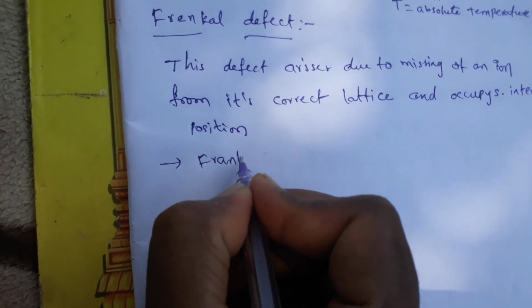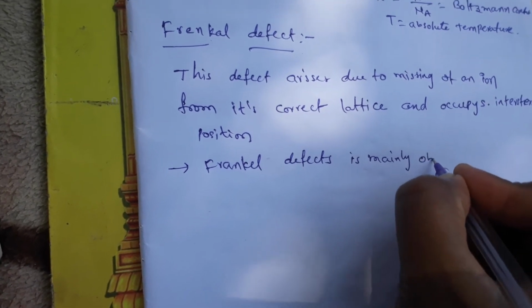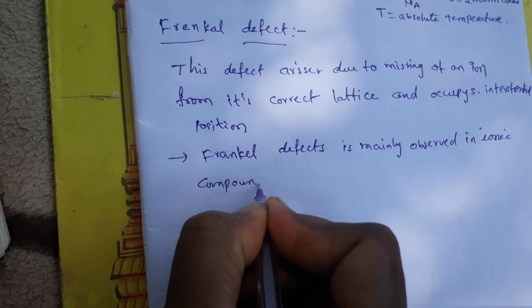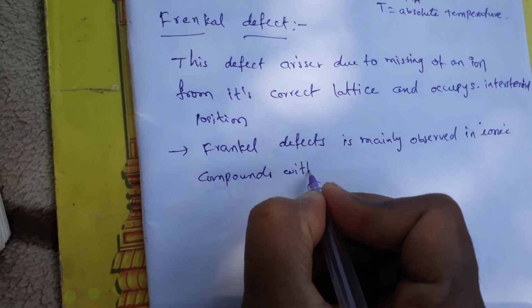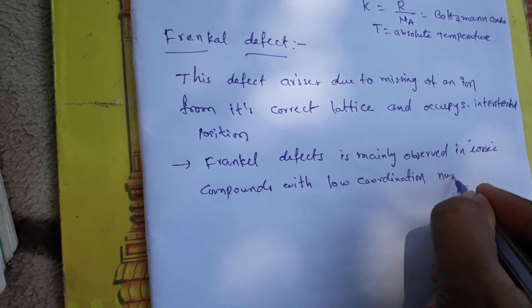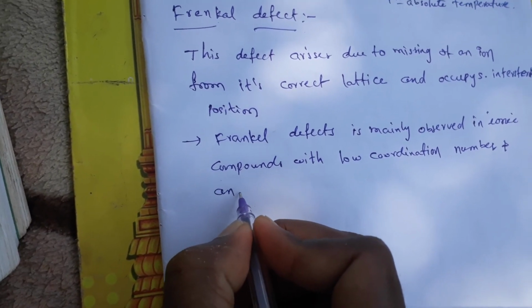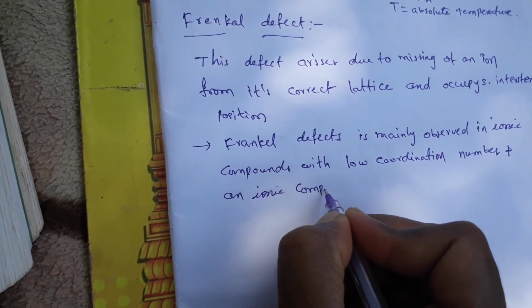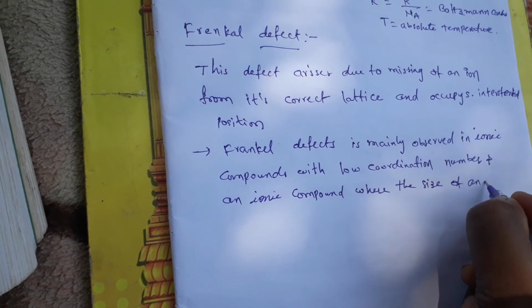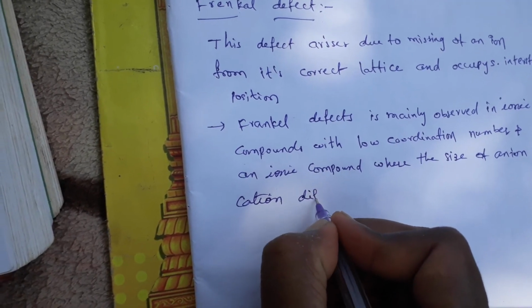So the Frenkel defect is mainly observed in ionic compounds with a low coordination number. Coordination number is the number of neighboring atoms present around the central atom. It is also seen in ionic compounds where the sizes of anion and cation differ largely.